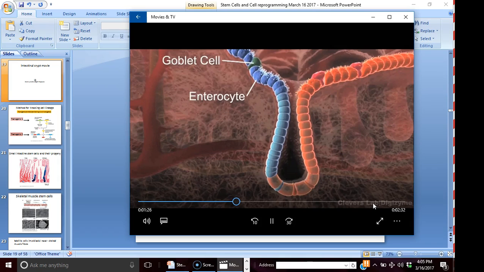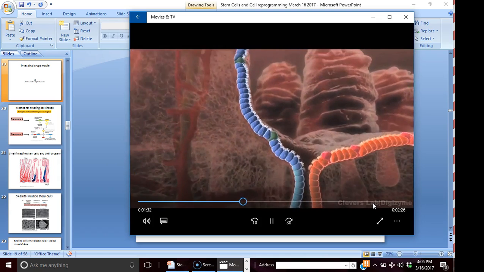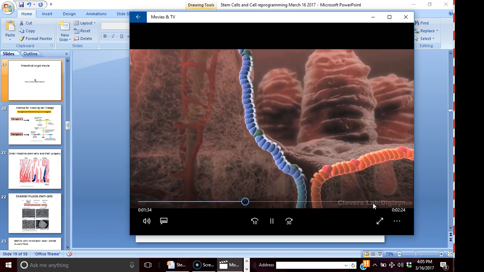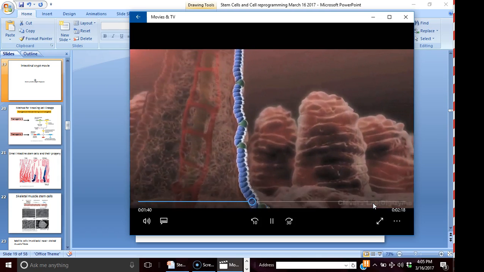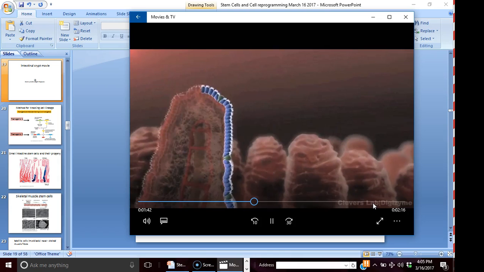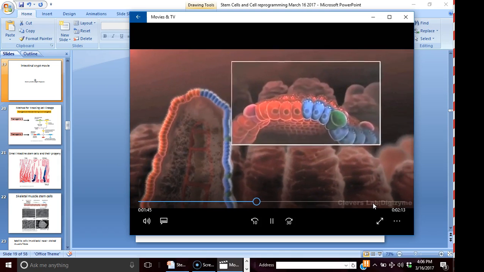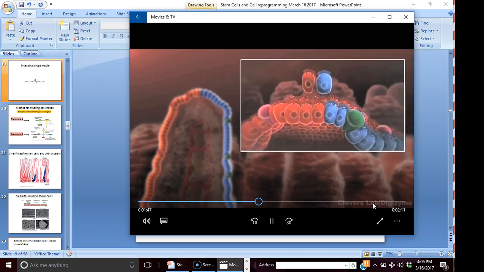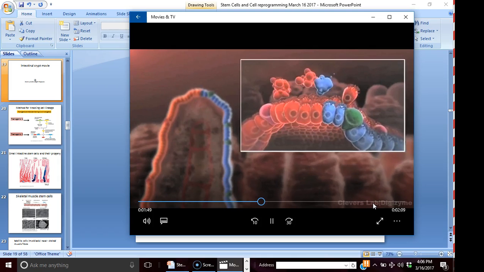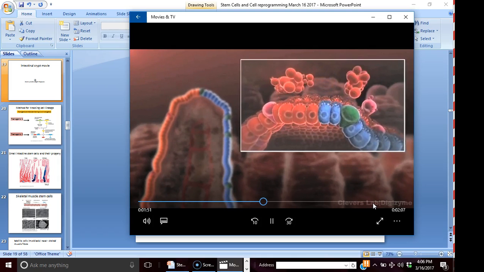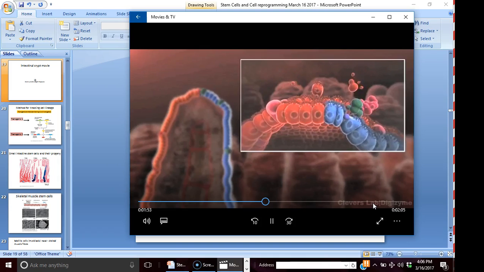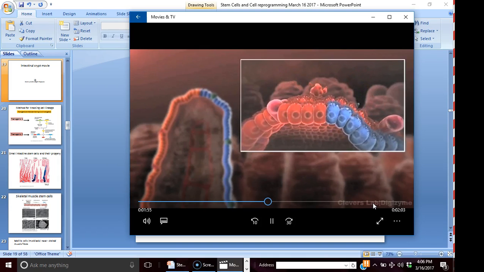While the cells are moving up the sides of the villus, they carry out the essential functions of the small intestine, notably absorption of nutrients. When the differentiated cells reach the tip of the villus, they undergo apoptosis and are shed into the lumen of the small intestine. The entire process of outmigration and cell death is completed in just 3 to 4 days.